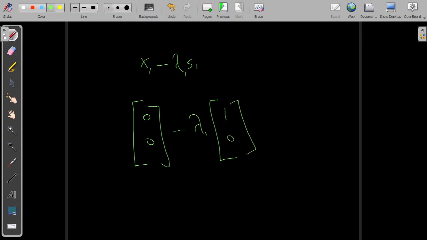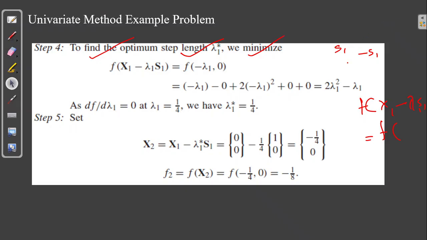So what you will get is minus lambda 1, and 0. So it is a function of minus lambda 1. That is what we have written here: f of x1 minus lambda 1 s1 equal to f of (minus lambda 1, 0).